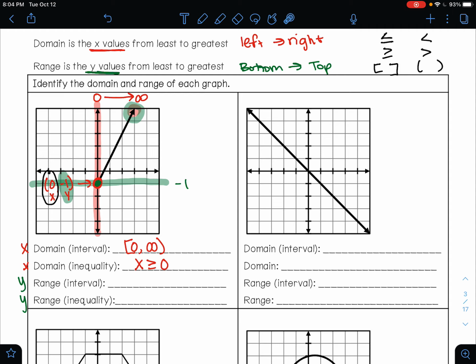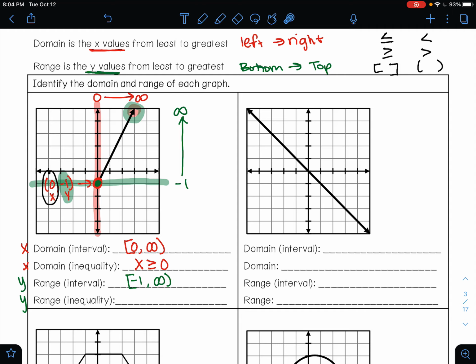This arrow is telling me that my graph is going up forever. If this graph is going up forever, then that means that it is going to positive infinity. So my range from the bottom of my graph to the top of my graph is from -1 to infinity. -1 gets a bracket because it was a closed circle. Infinity always gets a parenthesis.